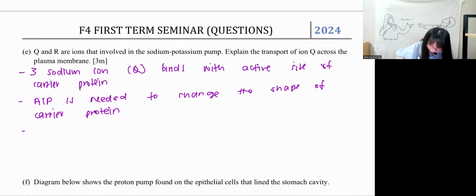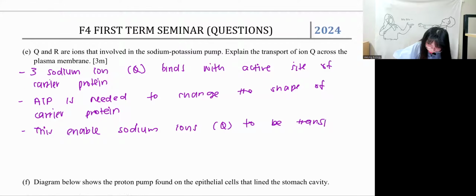Then we're going to write: these enable sodium ion, which is Q, to be transported out of cell against concentration gradient.